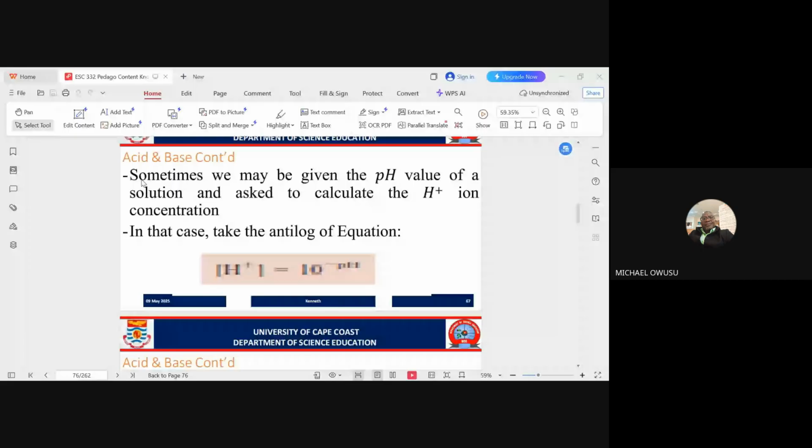Ready? Yes, Doc. The pH of a solution is 2.87. Calculate the hydrogen ion concentration.